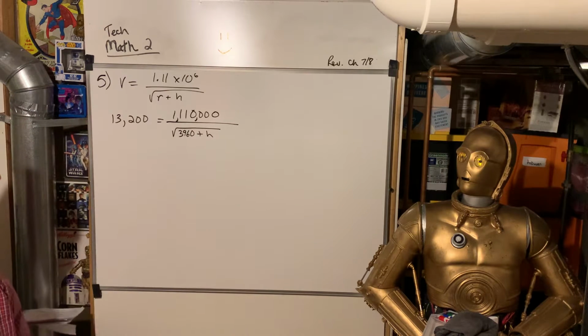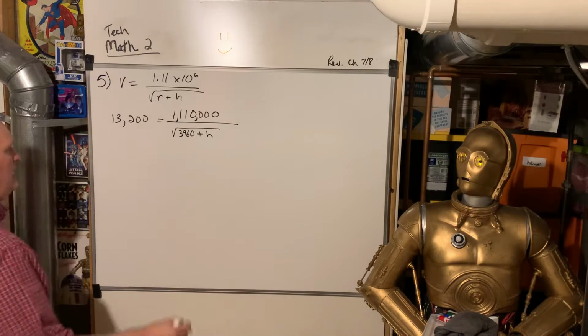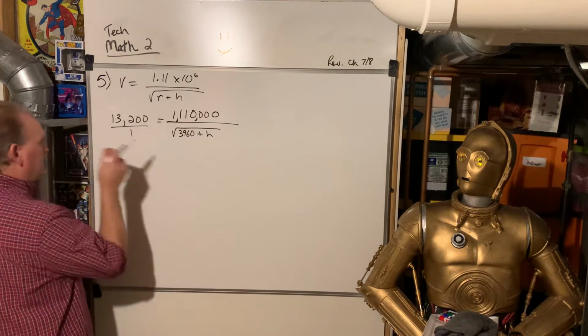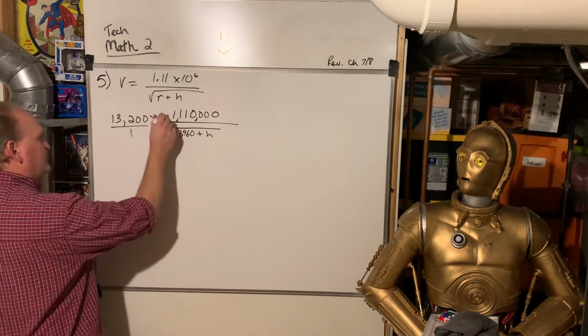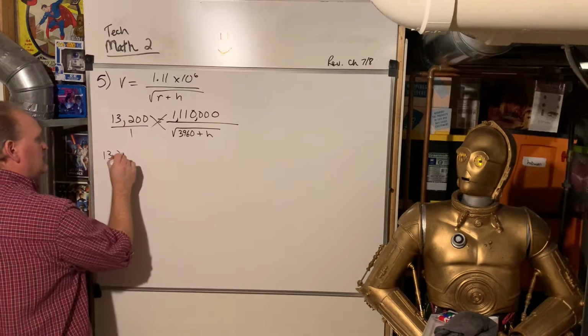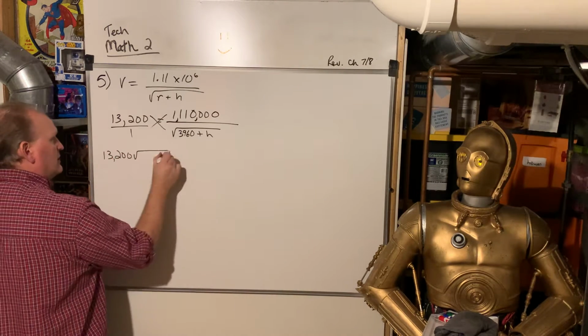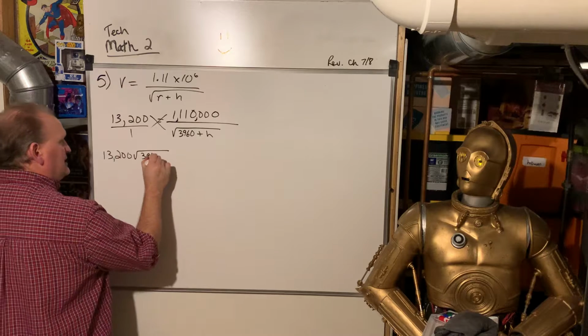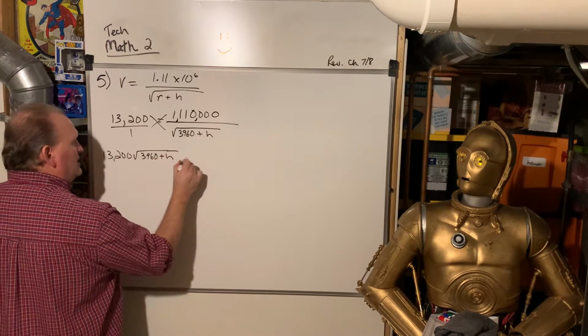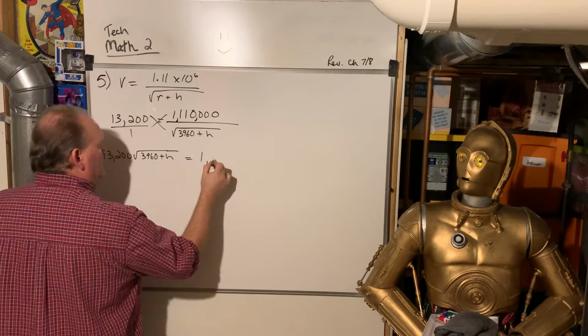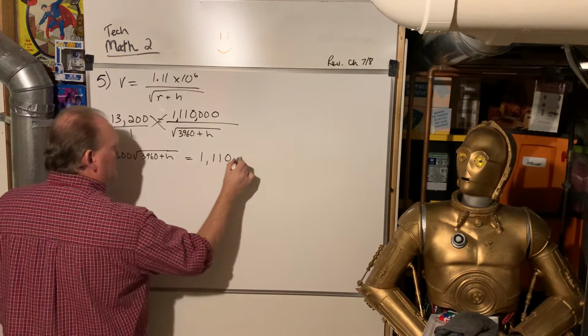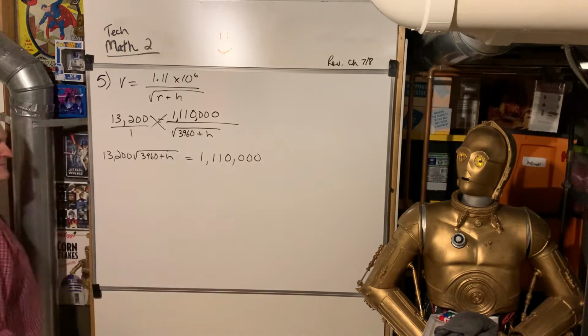And so after you sub in the values, I mean, these are bigger numbers, but we're using calculators anyway, you do it the same way. So we're going to cross multiply and solve 13,200 times the square root of 3960 plus H is equal to 1.11 million. All right.